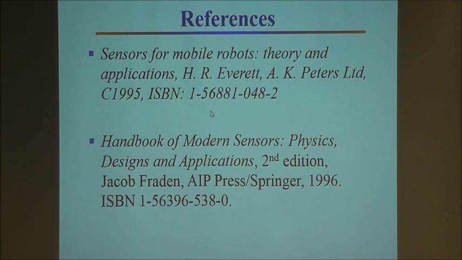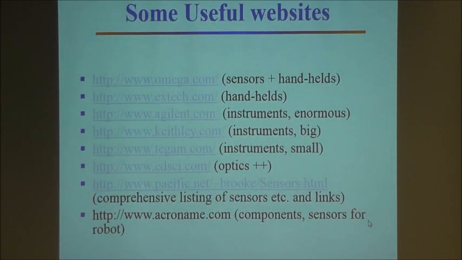So these are some references for sensing and sensors. Sensors for mobile robots, you can see there's a whole book dedicated to that, and another book dedicated to it like this. And these are some references for you.